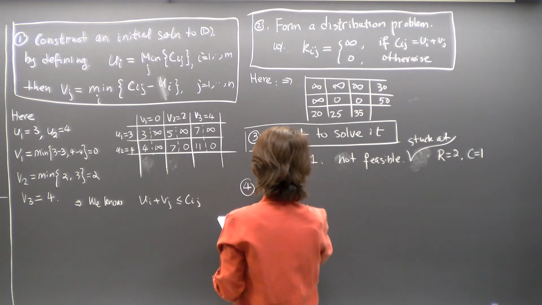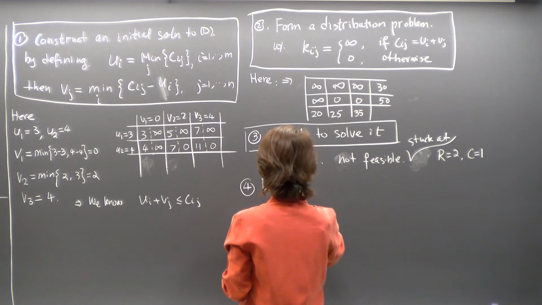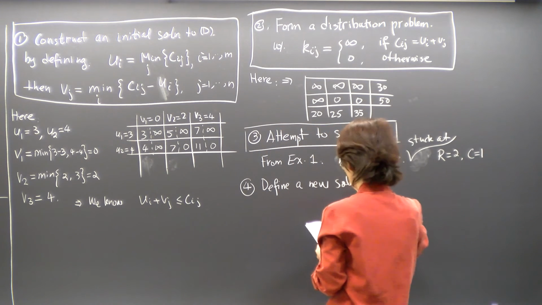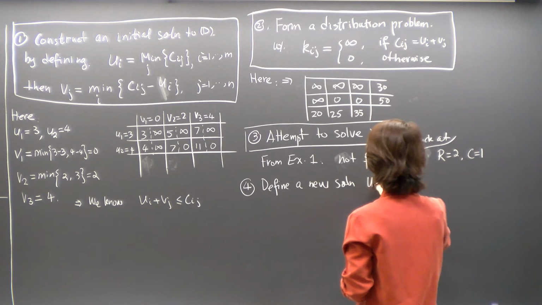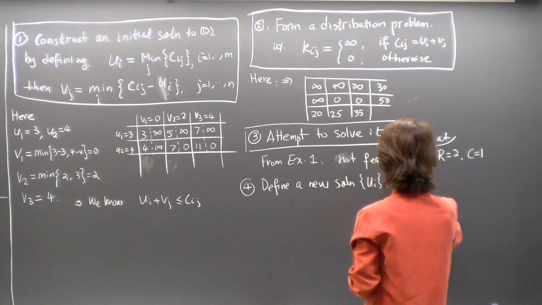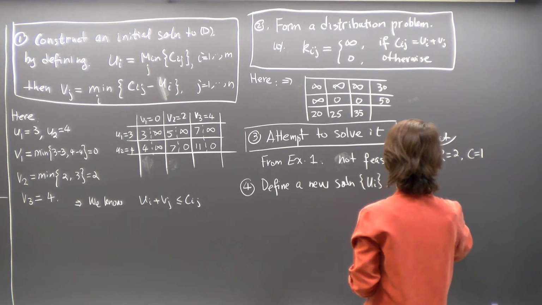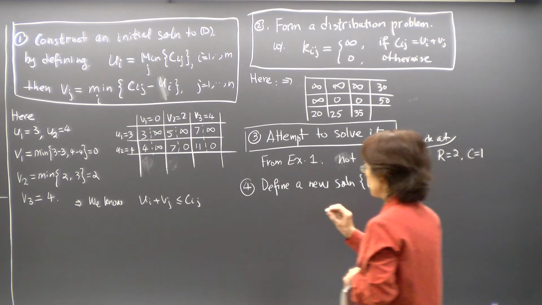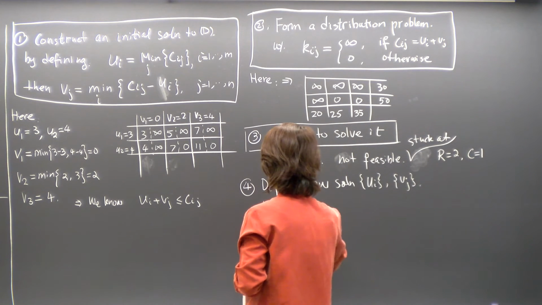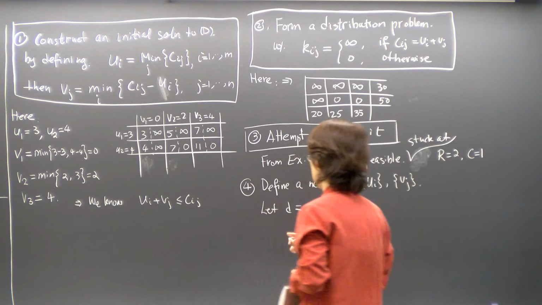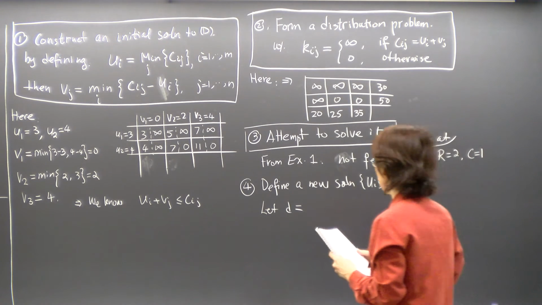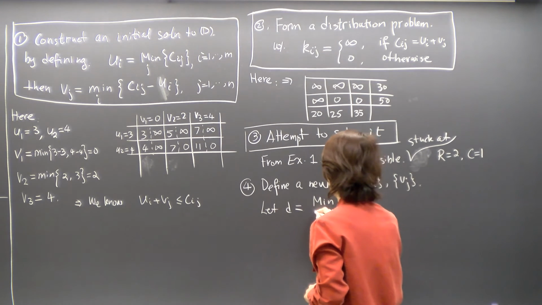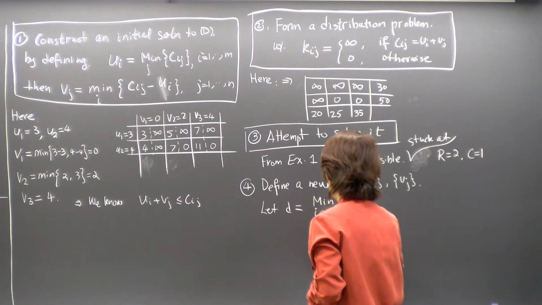Now I will go through this algorithm again. I will define a new solution of ui and vj. So how do you do that? We will compute a number, we call it d. d is computed as follows: the minimum over i in the set R, but j not in the set C. This is really complicated, so be very careful here.